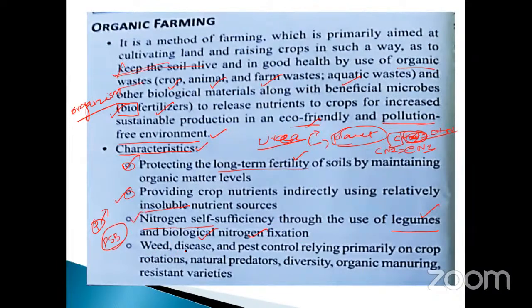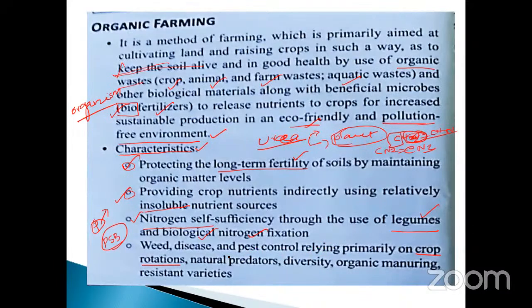And the fourth one, weed, disease, and pest control relying primarily on crop rotations. Already I told you the first time, why we are using crop rotation. Suppose when you are planting bananas, automatically after the complete harvesting, what happened? Completely destroy the plant, isn't it? And also they burn it. Why?